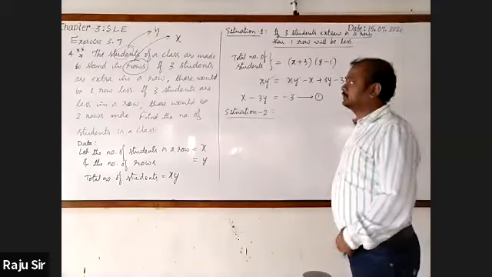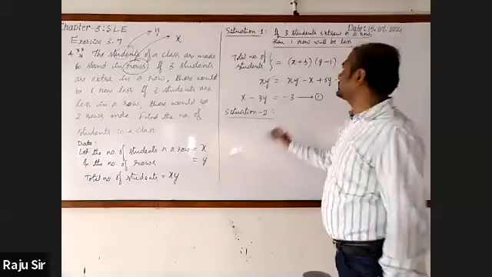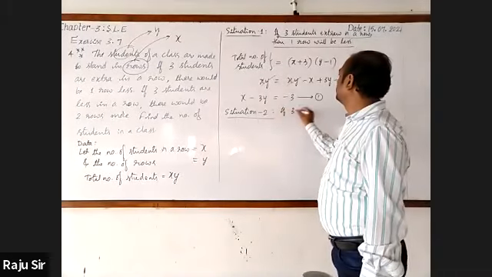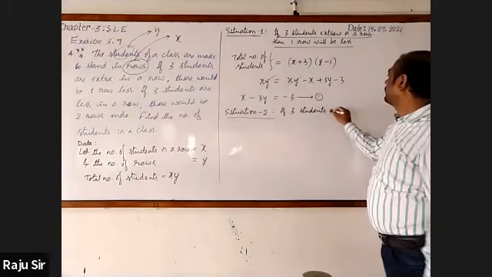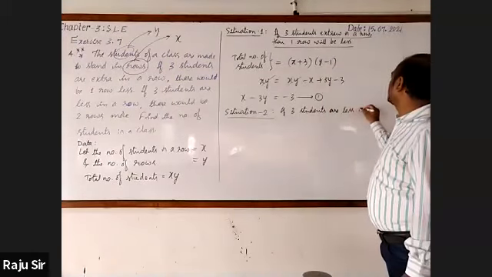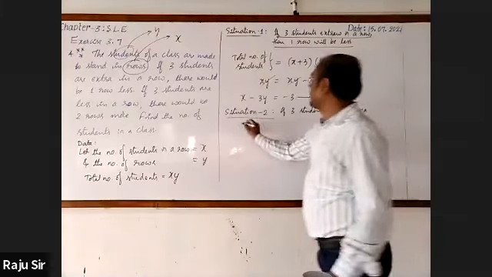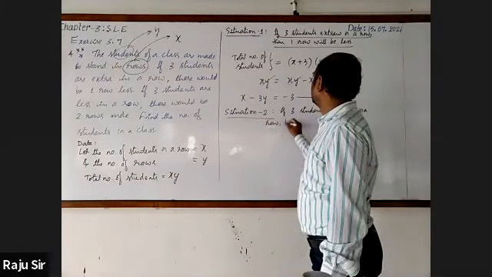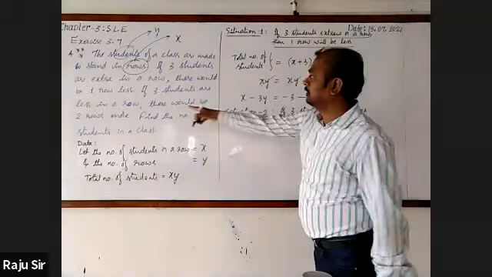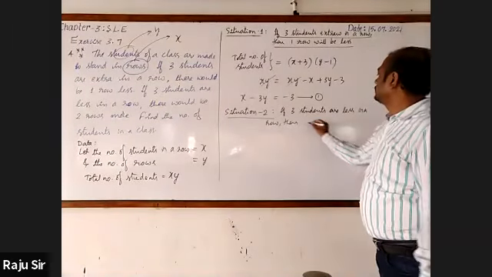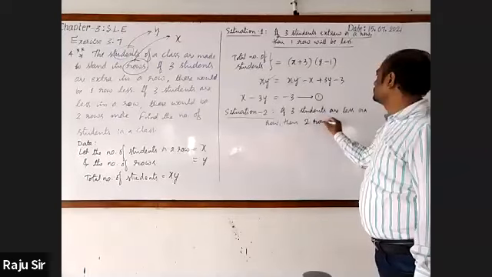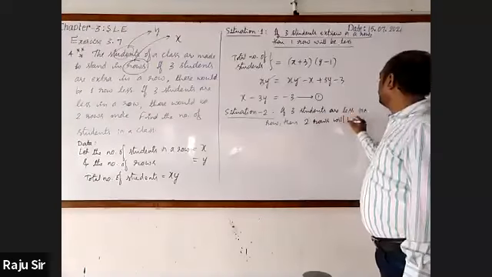Second situation. If 3 students are less in a row, then there will be 2 more rows. So 2 rows will be more.